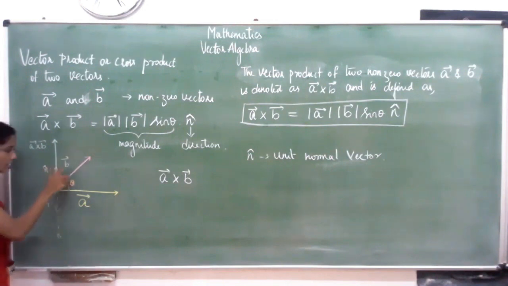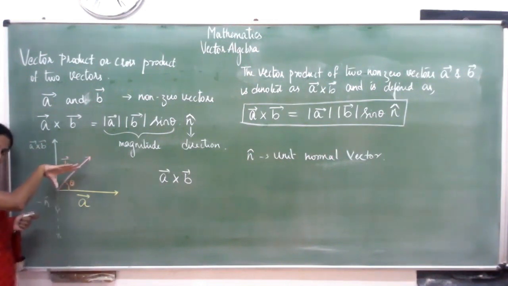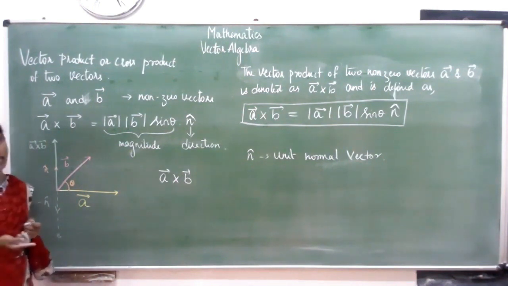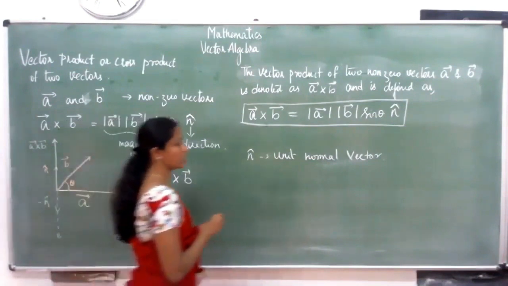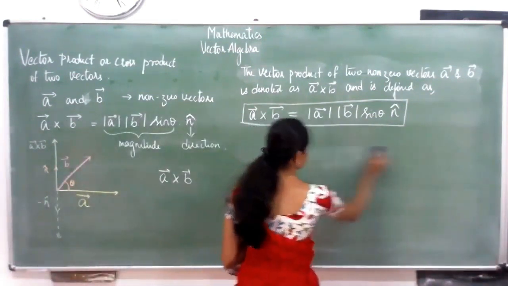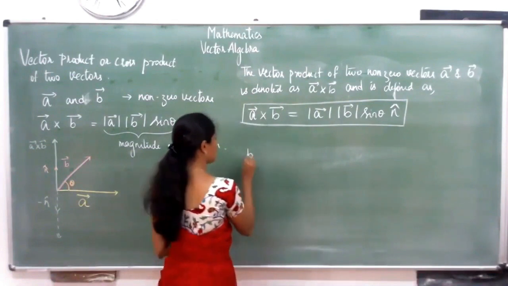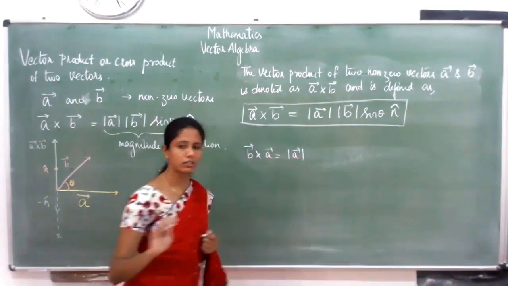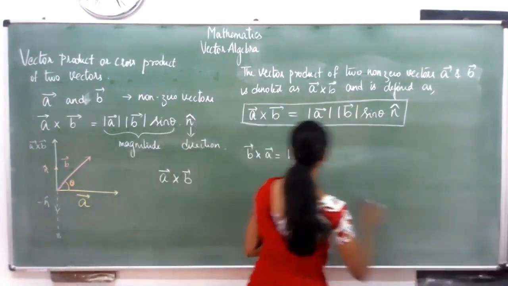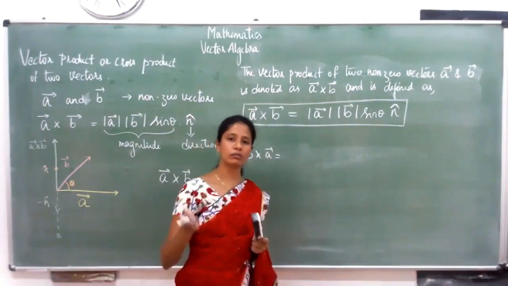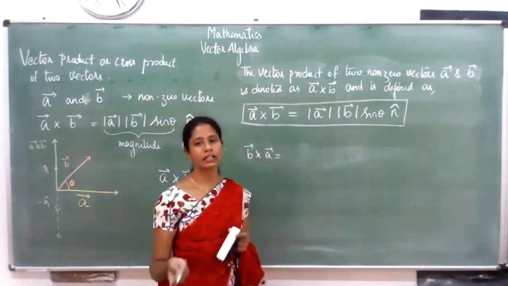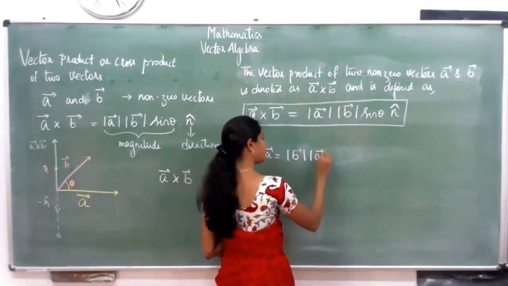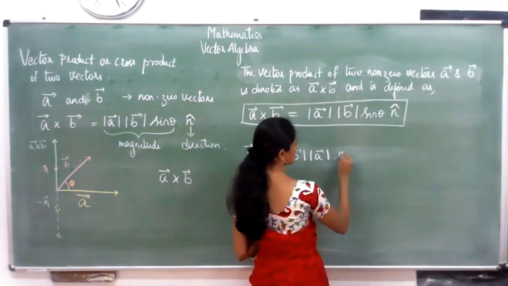So when I take B as my first vector, then I am finding a cross product between B and A, that is B cross A. Then B cross A will be equal to, the magnitude remains the same, the magnitude is unchanged. So you can write magnitude of vector A into magnitude of vector B sin theta, or magnitude of vector B into magnitude of vector A sin theta.